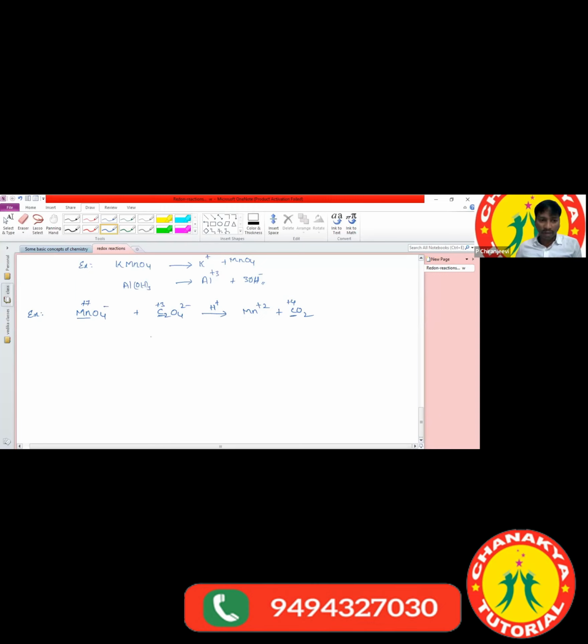Now you have already found the oxidation numbers of each and every element. Now you have to find out which element undergoes oxidation and which undergoes reduction. Does manganese undergo the oxidation reaction or reduction reaction?